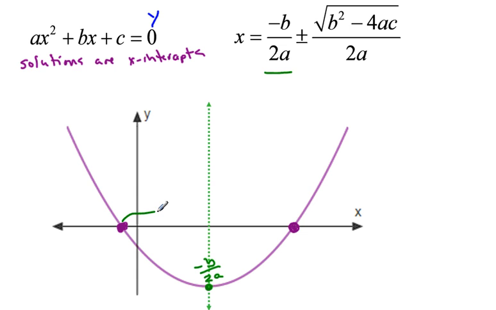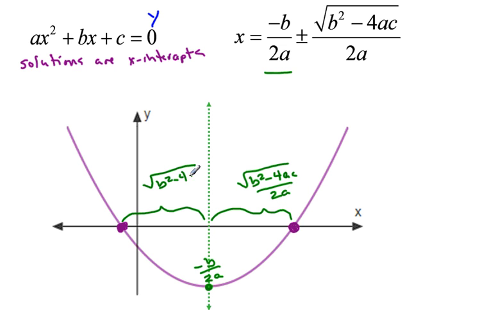And then we have to subtract a certain amount to get the left one and add to get the right one. So over here, the number that we're adding to get over to that right x-intercept is the square root of b squared minus 4ac all over 2a. And the number we subtract to get this other one is the square root of b squared minus 4ac all over 2a.